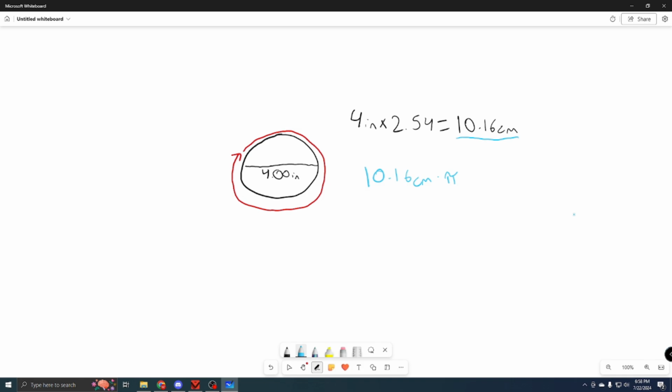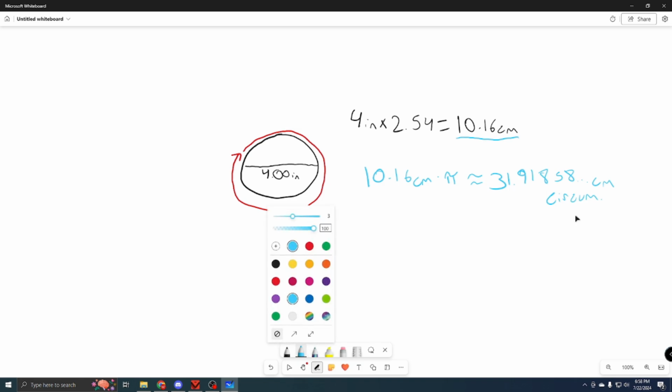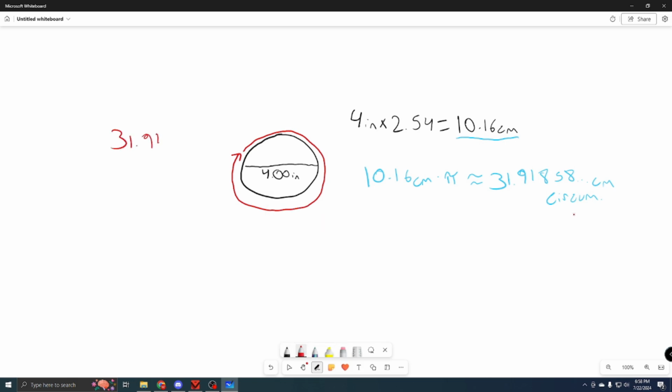That is 3.14 roughly, and so this will give us 31.91858 centimeters, and that is our circumference.